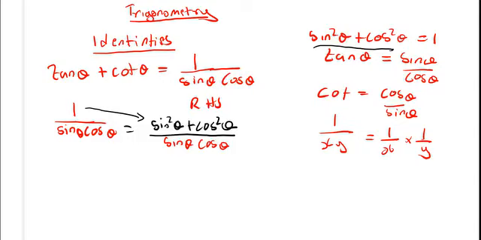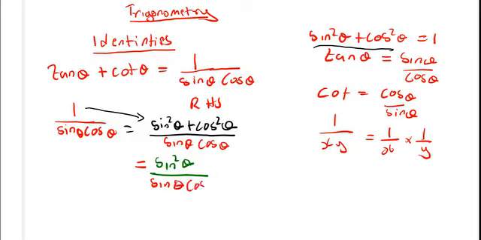Like in the case where we have sine squared of theta plus cos squared of theta, we can say this is equivalent to sine squared of theta over the entire denominator, which I've maintained in red. I've maintained the denominator, but I've split the numerator.